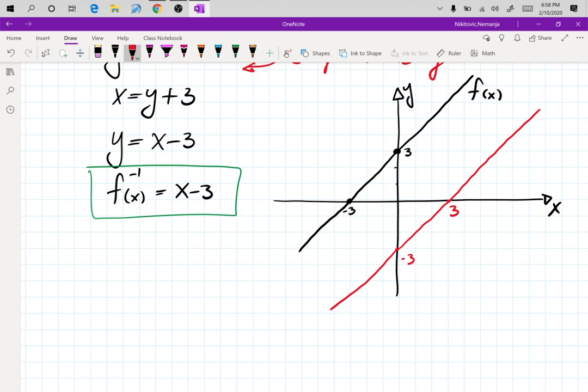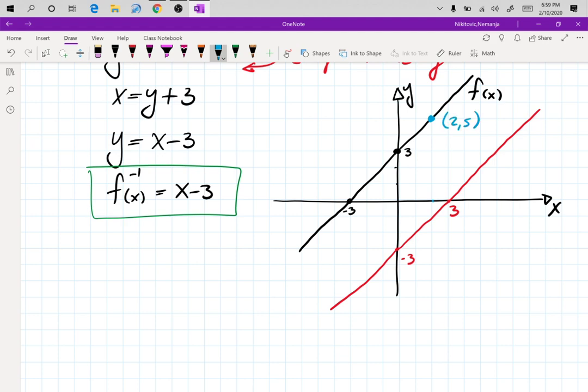So now, let's pick any point on the black line. Any. So say x equals 2. What is this point here? 2, 5.